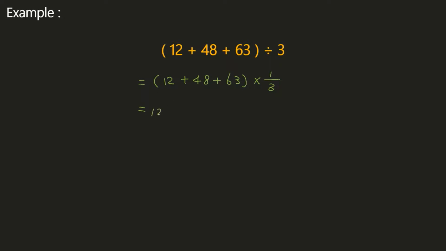So it becomes 12 times 1/3 plus 48 times 1/3 plus 63 times 1/3. This becomes 12 times 1/3 is 4, plus 48 times 1/3 is 16, plus 63 times 1/3 is 21. So the final answer is 4 plus 16 is 20, 20 plus 21 is 41.